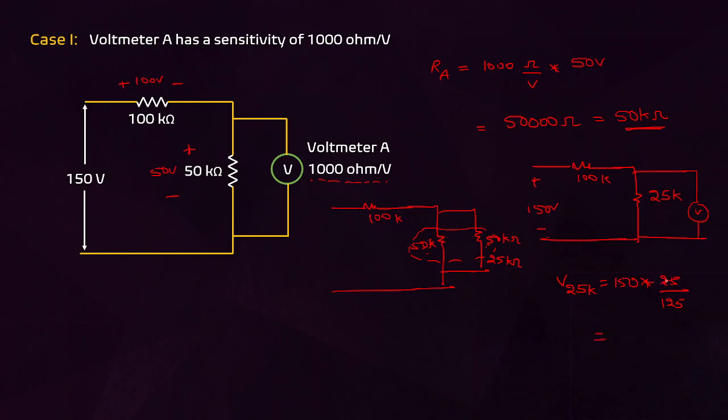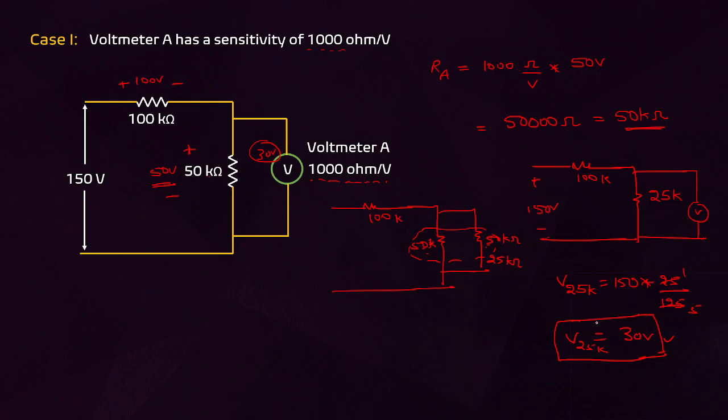It will be 30 volt, right? So instead of showing 50 volt, it is showing 30 volt now. Voltmeter A is showing 30 volt because it also had some internal resistance, and when we simplified that, it got reduced to 25 kilo ohm. That is why it is showing less reading.